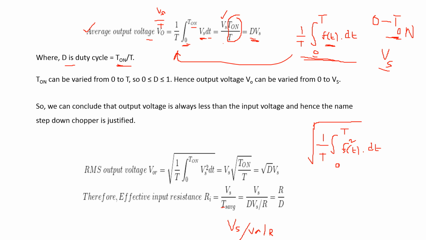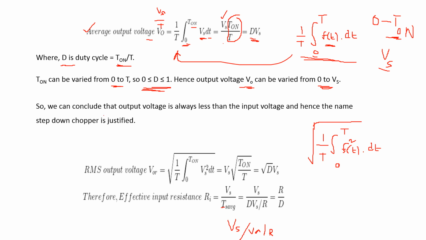Here T on can be varied from 0 to T. By varying the T on from 0 to T, we are going to get the duty cycle range from 0 to 1. Now by substituting the duty cycle value in between 0 to 1, we are going to get the output voltage which is in between 0 to Vs. Means output voltage goes from 0 to Vs, which is less than the input voltage.